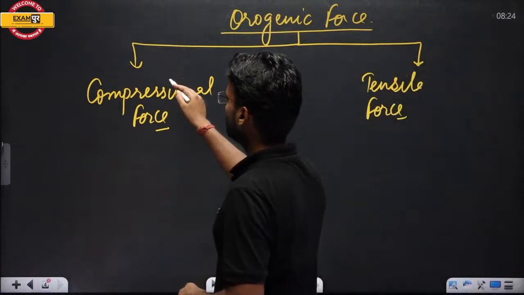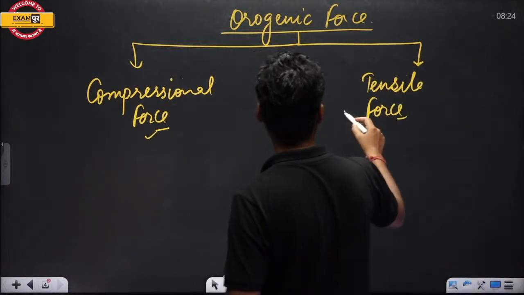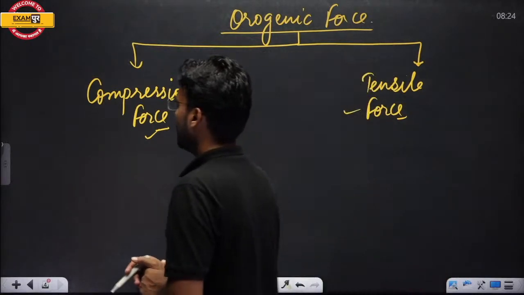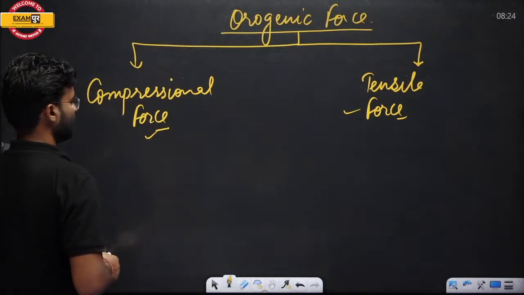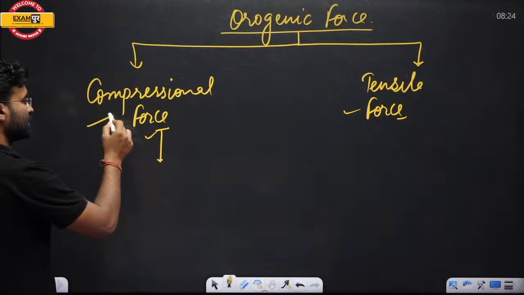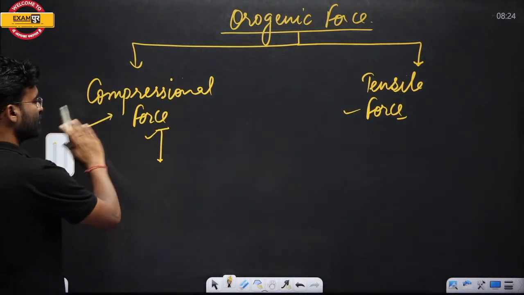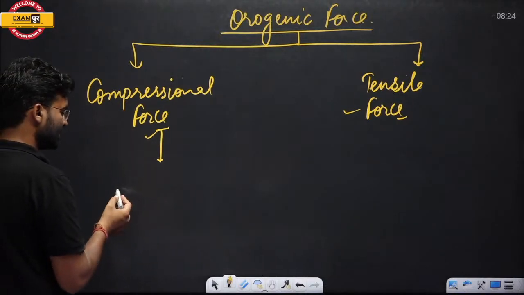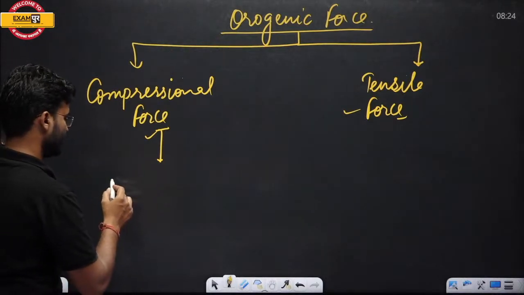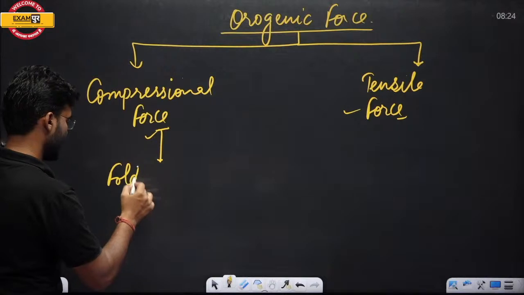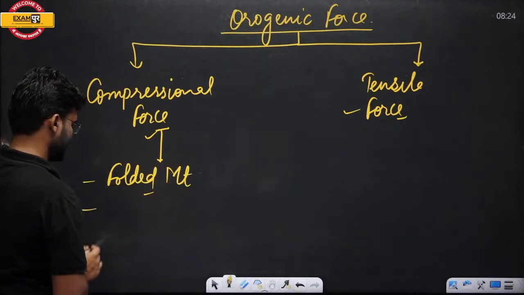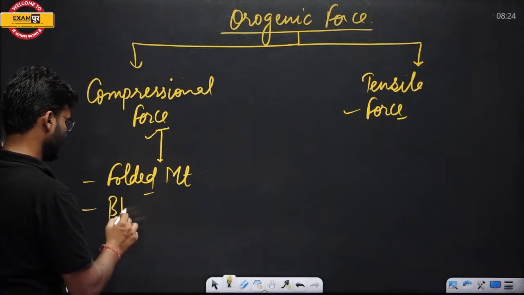Okay, so the compressional force and the tensile force, or you can say the tensional force. If the compressional force is happening, it converts the landmass into folded mountains, and somewhere it also converts it into block mountains.